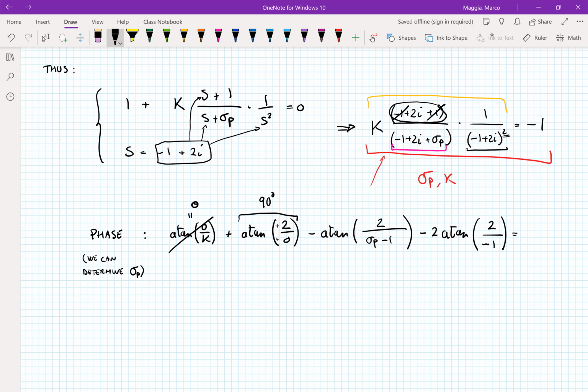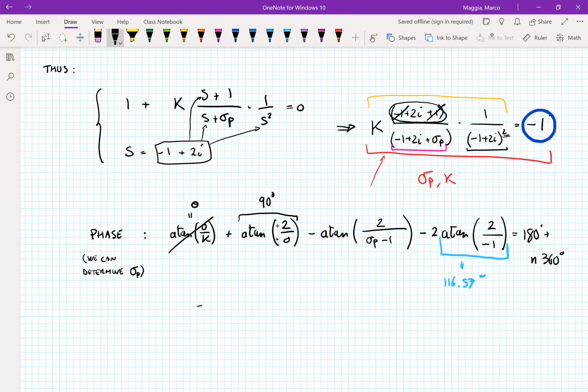And this has to be equal to the phase associated with the right-hand side, minus 1. And for what we saw, the phase of minus 1 is 180 degrees. And again, plus n 360, where n is an integer. All right, so let's start with the fact that arctangent of 2 over minus 1 is equal to 116.57 degrees.